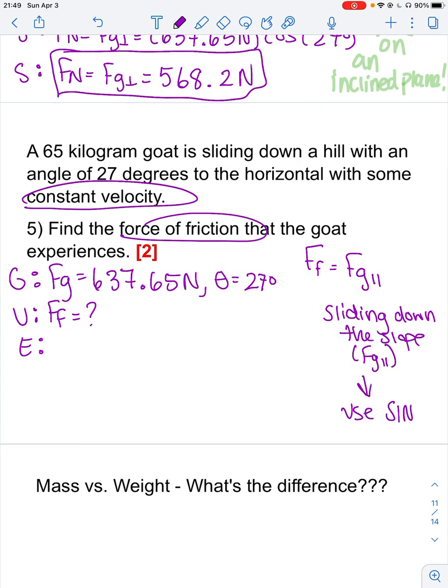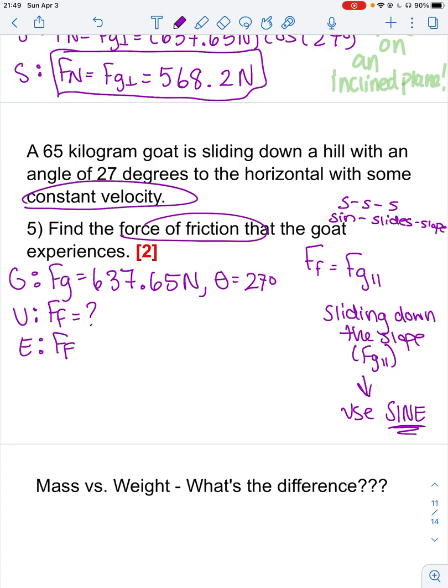Use sine. Sliding down the slope, use sine: SSS, sine, slides, slope. Just keep that in mind.